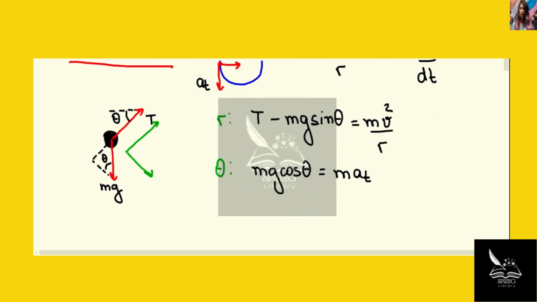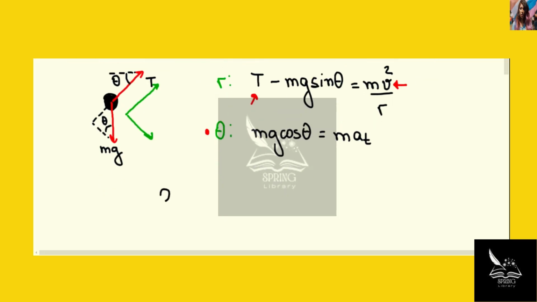Our goal is to find T, this tension here. In order to find T, notice that we need to find the value of the speed v, which is still unknown. In order to find v, I'm going to use the equation for the theta component, where we have that the tangential acceleration, which is equal to dv/dt, is equal to g cosine of theta.